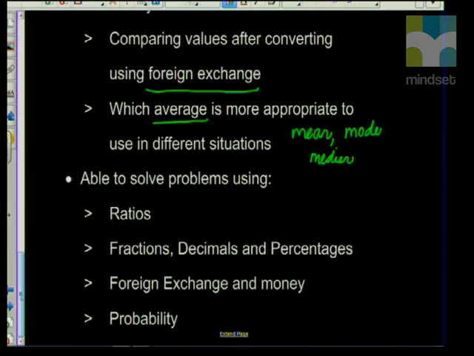And then the part that everybody finds difficult is solving problems, and that's what we're going to be doing later on as well, looking at some examples of solving problems. You need to be able to solve problems using ratios, fractions, decimals and percentages, and foreign exchange and money, and of course our favorite, probability.